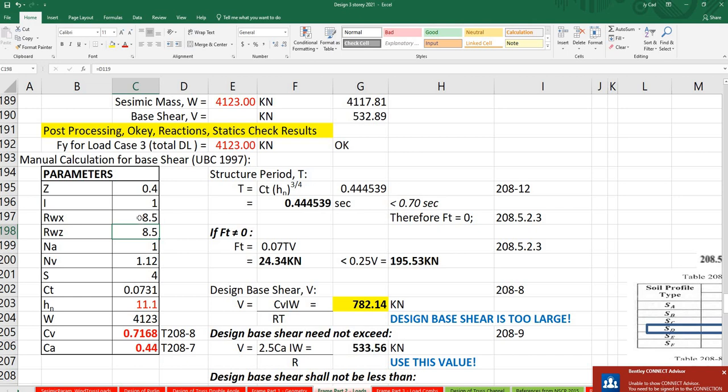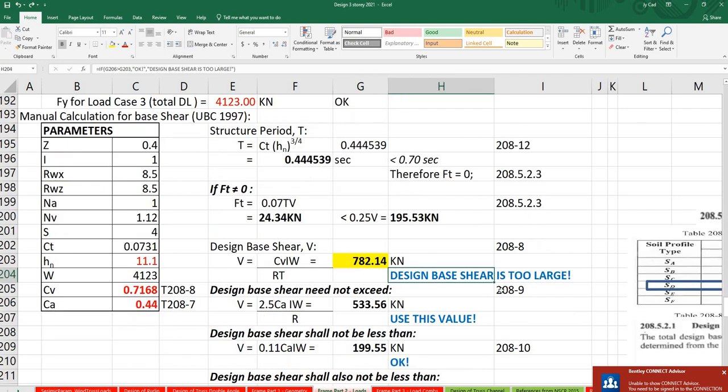In short, kung gagawin mong 5 yan, gawin mo na ring 5 yung isa. Para hindi ka na mag-iisip pa kung ano ang pipiliin mong base shear, yung bang malaki o yung maliit. Okay? Things like that. Next, so from this, you have 782.14.